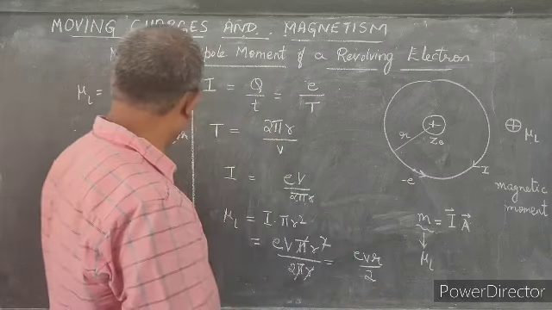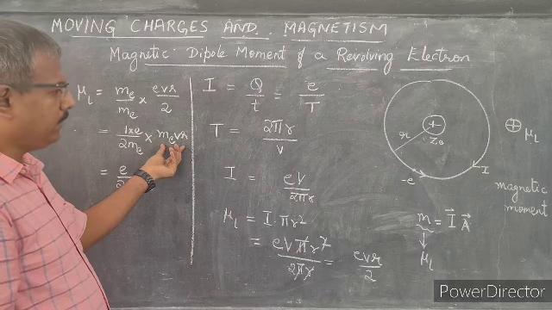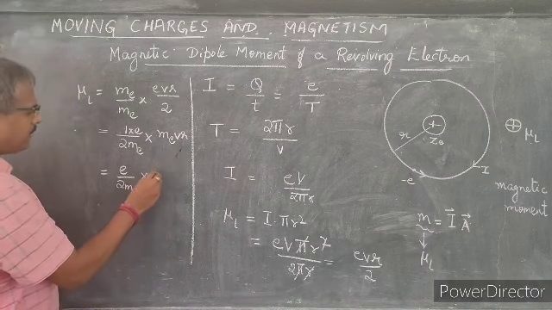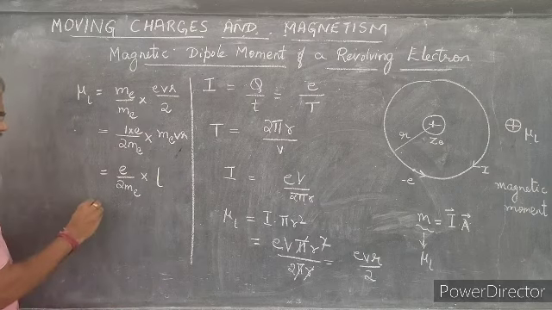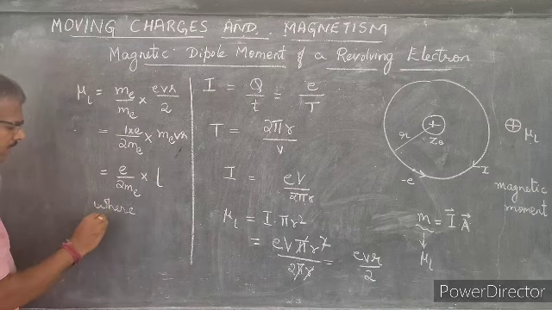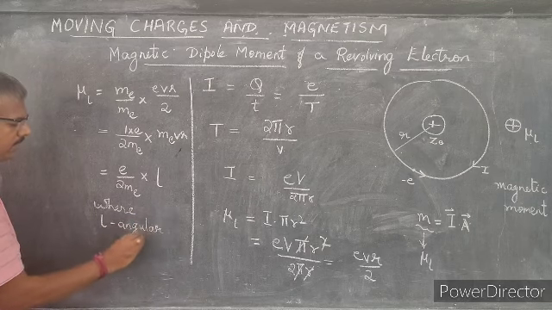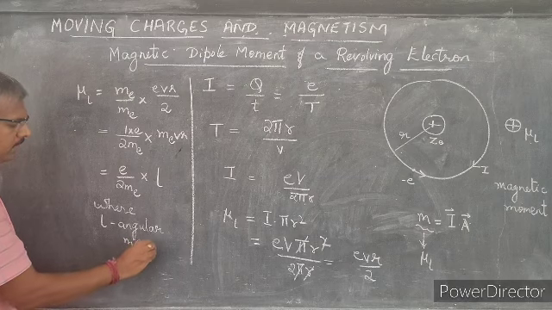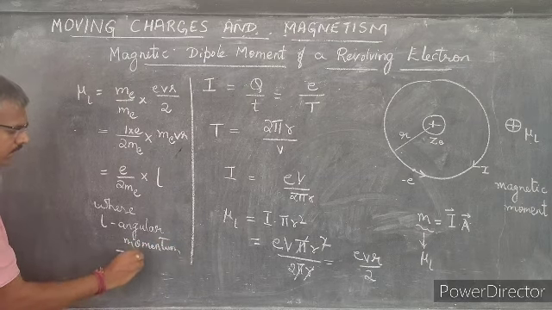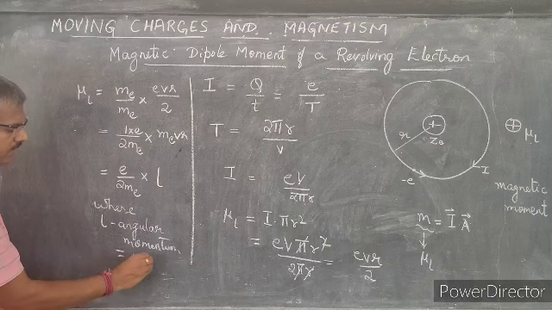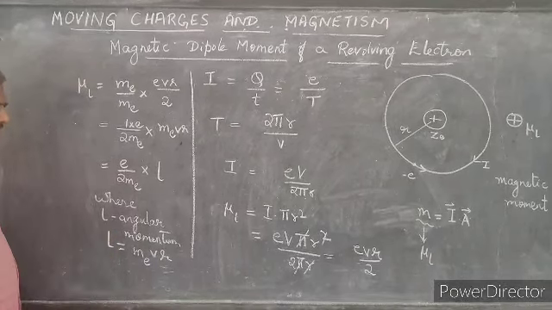So this me into V into R is my angular momentum, which I can replace with the letter L, where L, which is angular momentum, is equal to m, mass of the electron, into its velocity into the radius of its orbit.